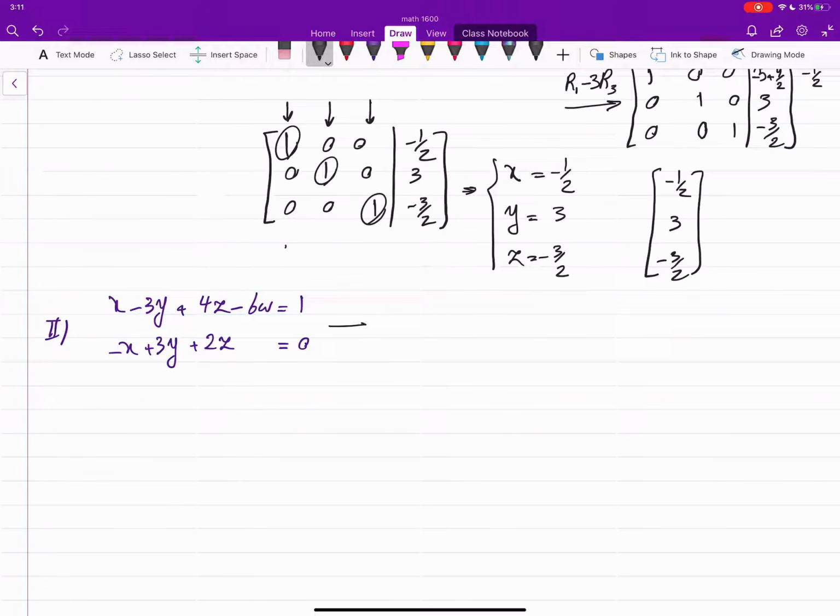So the augmented matrix of this is 1, negative 3, 4, negative 6, 1, and negative 1, 3, 2, 0, 0. Then we reduced this augmented matrix to row echelon form, and what we got was this.